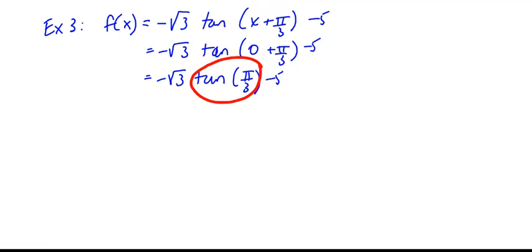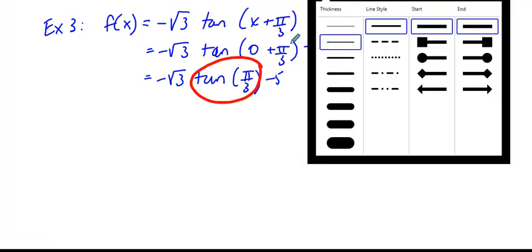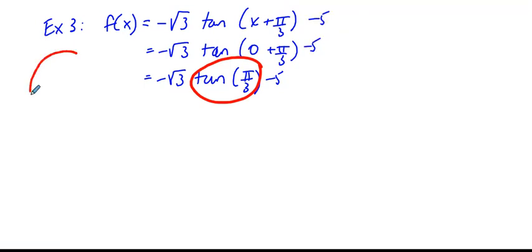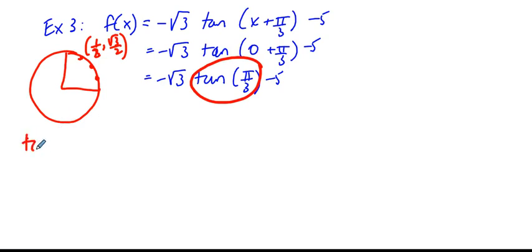Okay, so I'm just going to pretend that I had my unit circle here. Unit circle, pi over 3. This is pi over 6, pi over 4, pi over 3. Pi over 3 is (1/2, root 3 over 2). So the tan of pi over 3 is sine over cosine.